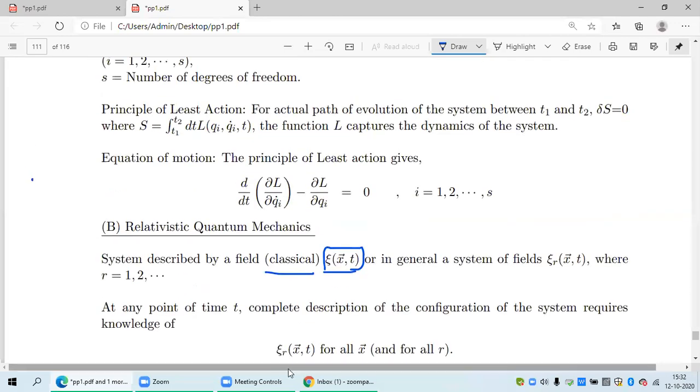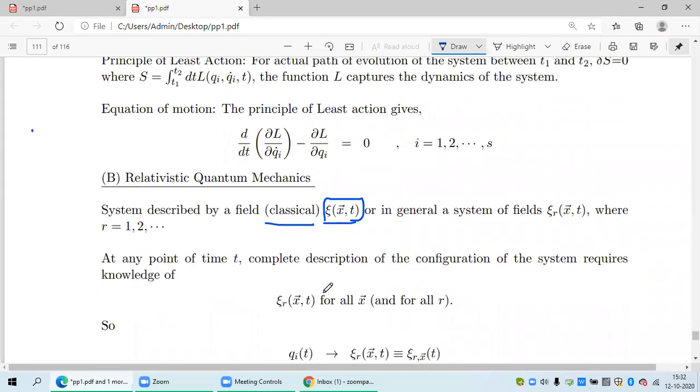That means if you know the value of the field at any time, for all values of x, then you say that you know the configuration of the field. That is, you know about the system at every point at any instant of time. You know the value of that function at every point in space.